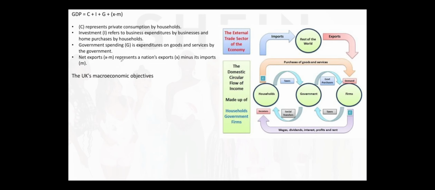Thinking about macroeconomic objectives, if this is a country-based question, then we need to think about the targets of the government. Well, these are the targets. Clearly, we now know what GDP is, and we understand the different components that could influence this. Yeah, so it's quite important.